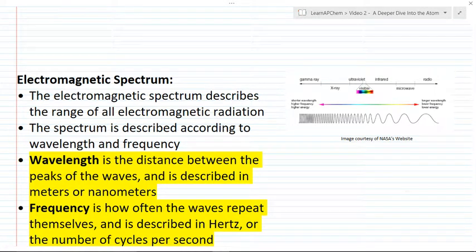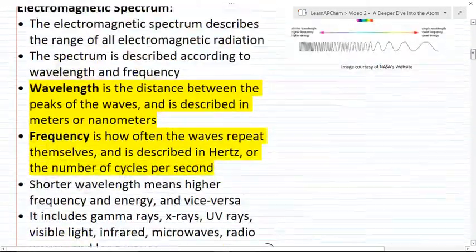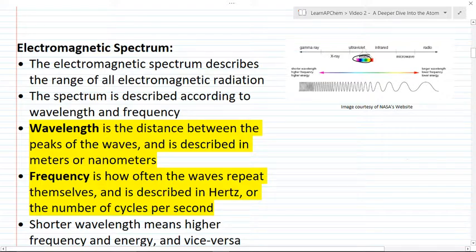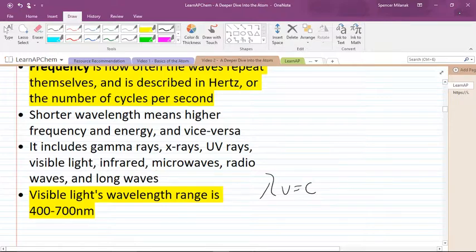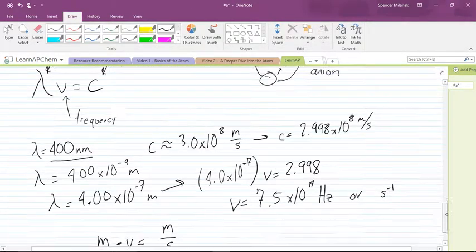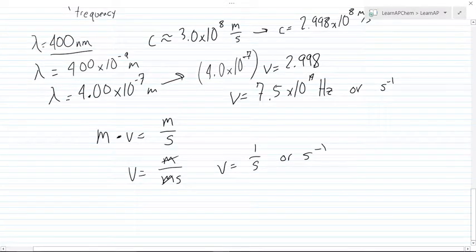Other than that, you're not going to have to memorize wavelengths, with the exception of visible light. And do keep in mind this is in nanometers. I suppose you could write that in meters, but I find it's much easier to memorize the nanometers and just convert it.